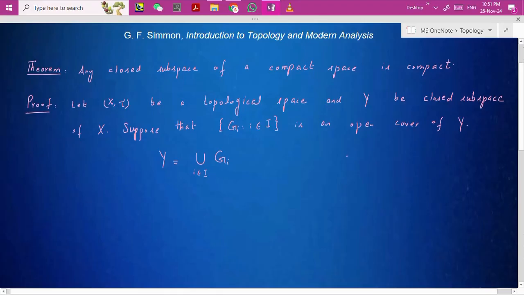But the expression with inclusion, Y is a subset of the union of G_i, is the basic expression used in the definition of open cover, and the equality is a consequence of it. For the sake of ease, I would like to write Y equals the union of G_i, i belongs to I.